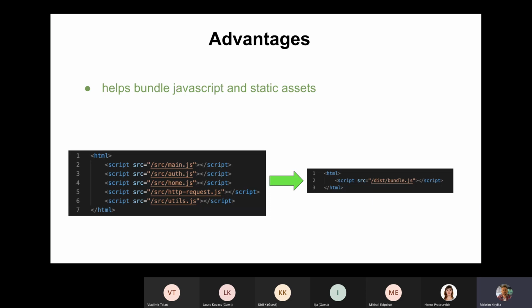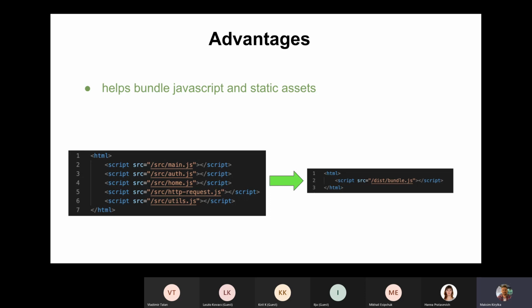First of all, Webpack helps bundle JavaScript and static assets. To illustrate this, imagine you're bundling a web application which is made up of multiple JavaScript files. We could add JavaScript files into HTML via script tags, like this in the left picture.